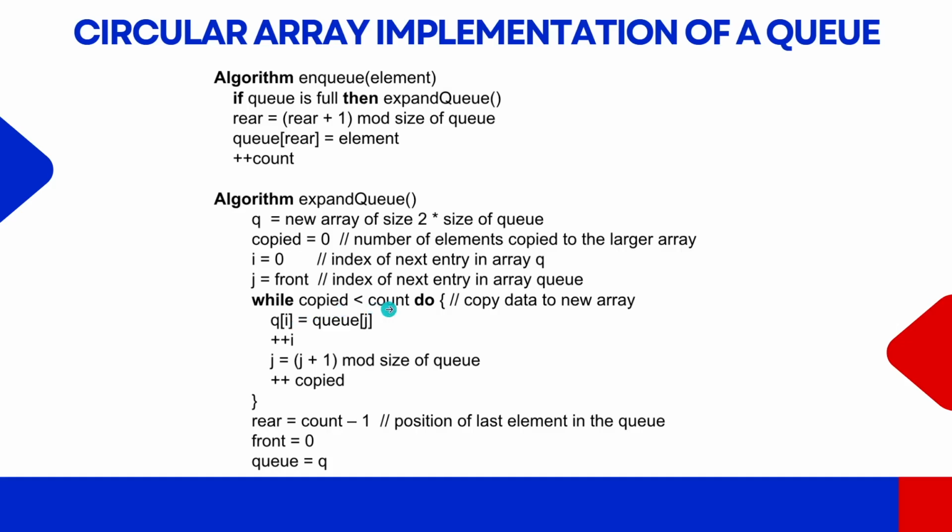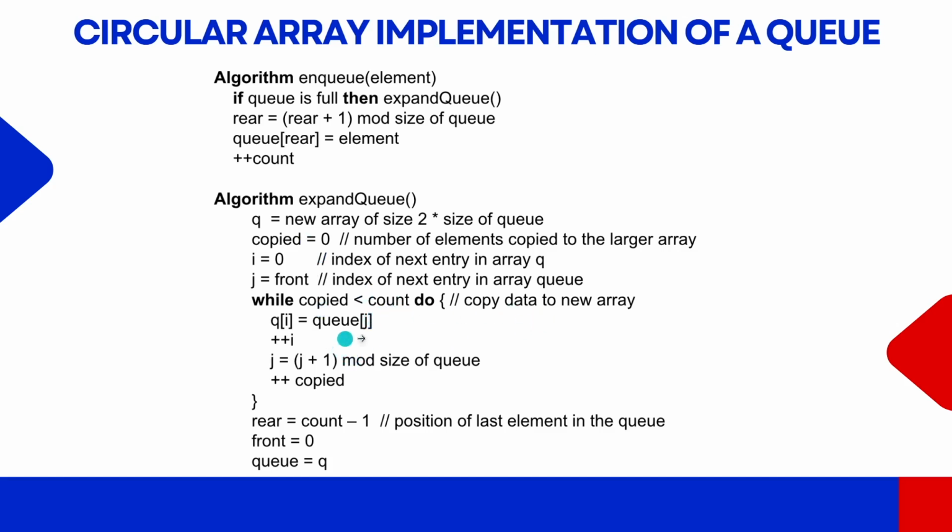So we keep on copying till we never exceed the value of count. Count is the count of elements available with the old array, and copied initially we have set to 0. So that many elements that are available with the old array, we are copying to the new array.